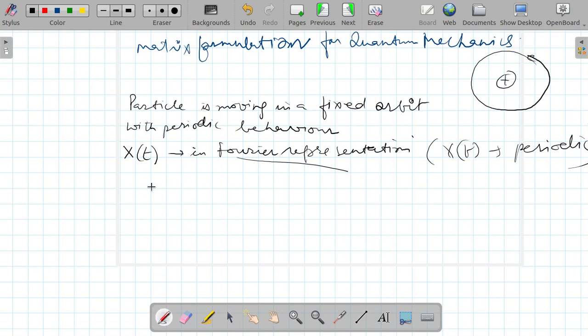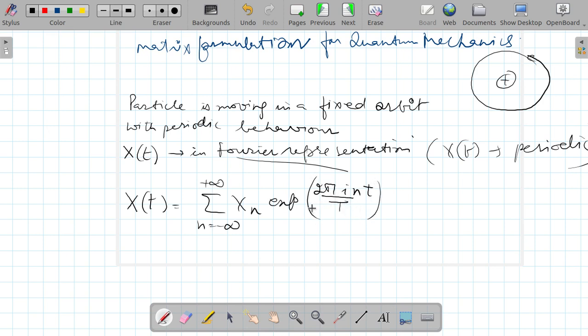So in the Fourier form, x(t) can be written as the summation, n varying from minus infinity to plus infinity, of x_n exponential of 2 pi iota n t by capital T, as omega_n is equal to 2 pi n by T, meaning the frequency in the nth orbit, and 1 by T is the linear frequency nu.